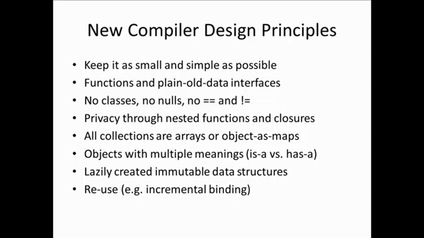I thought it might be interesting to talk a little bit about what's different about this compiler and why it is that much faster. One of the things is that it was written to be as small and as simple as possible.